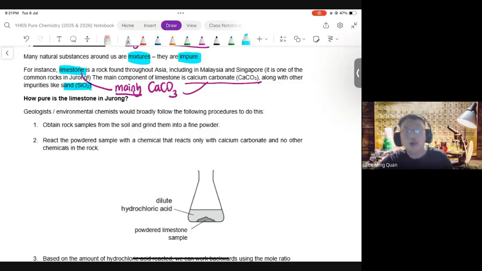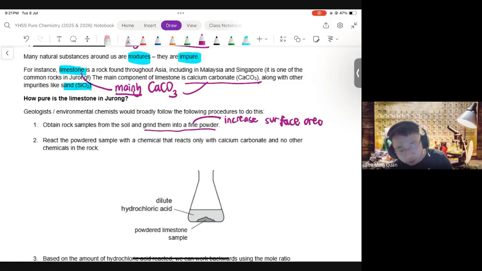Therefore, the process by which scientists will go about finding out the purity is, number one, obtain the rock samples and grind them into a fine powder. The purpose of grinding into a fine powder is to increase the surface area to volume ratio for faster reaction.